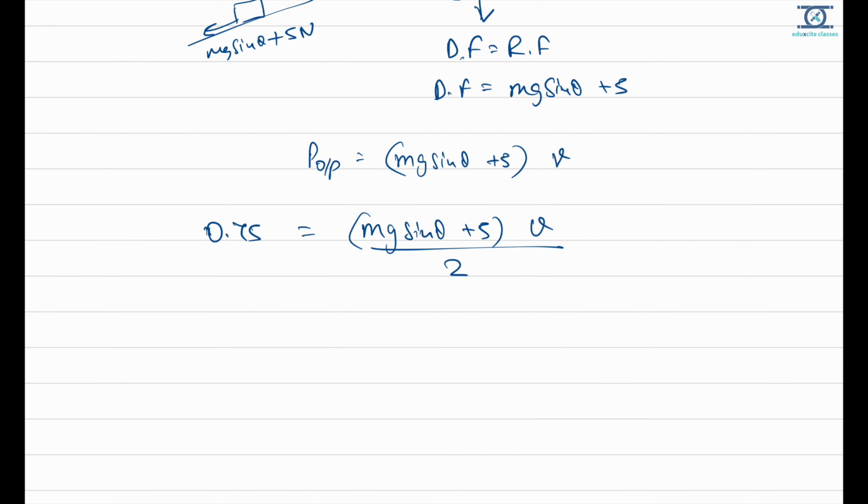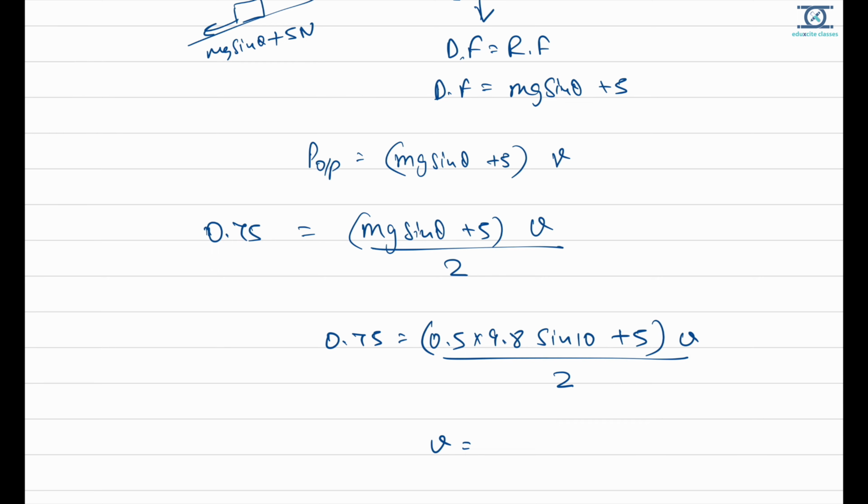So if you put in the values, 0.75, m is 0.5, g is 9.8, and sine 10 plus 5, times v, by 2. Solving this in your calculator, I have already done the calculation, you will get 0.26 meters per second.